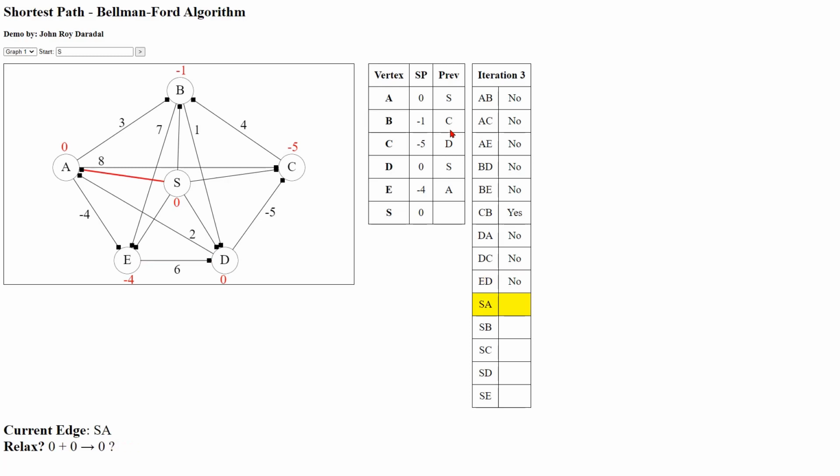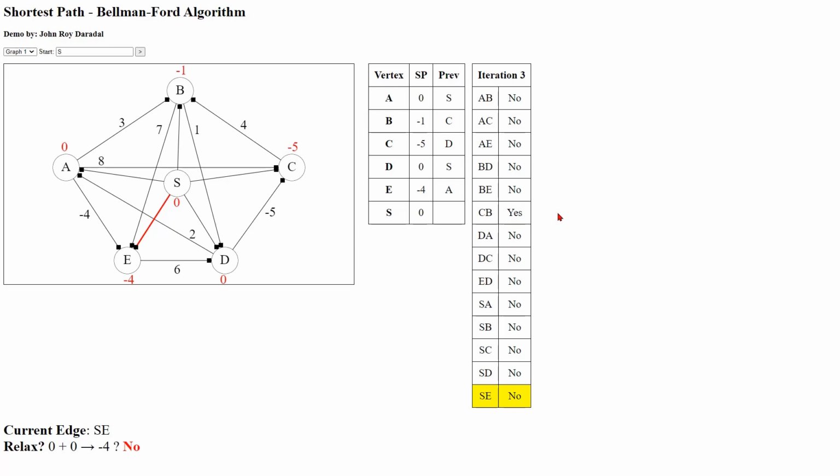ED, no. SA, no. SB, no. SC, no. SD, no. SE, no. But since we have one edge that we relaxed in this round, we'll continue with iteration number 4, right?